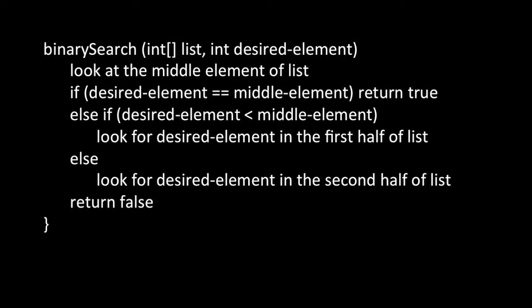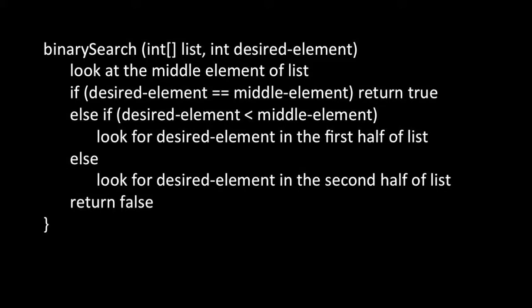Hey, we found that the element is in the list. Else, if the desired element is less than the middle element of the list, I'll look for the desired element in the first half of the list. Else, I'll look for the desired element in the second half of the list. And if I don't find it, I'll return false.